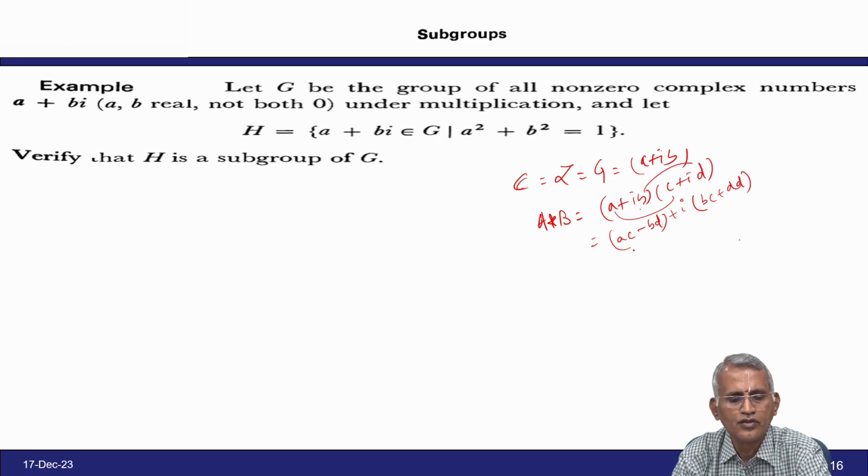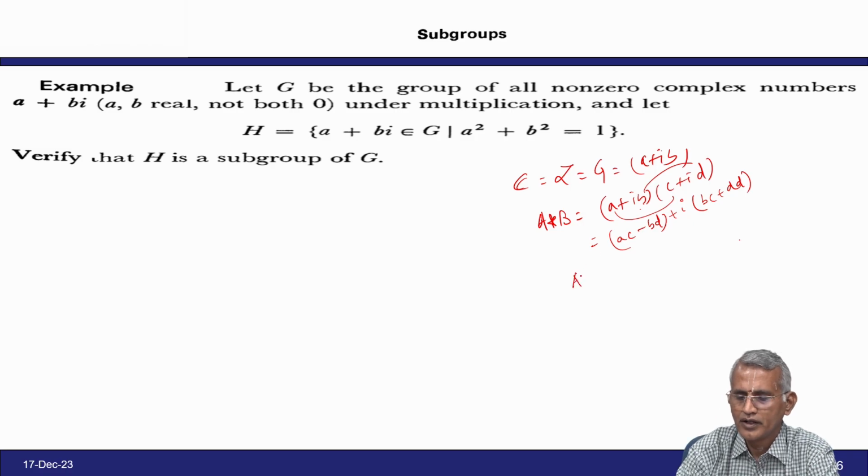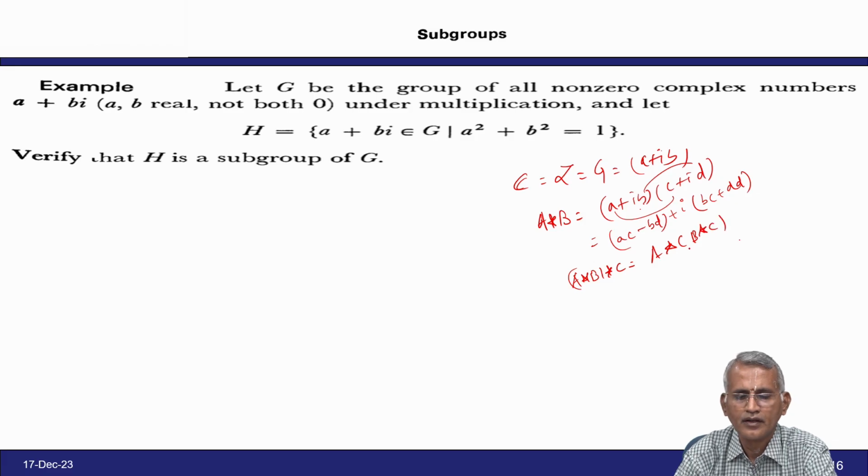This way we have to do the complex multiplication. Similarly, you check that a star of b star of c is equal to a star of b star of c. You may check it the same way for 3 numbers.